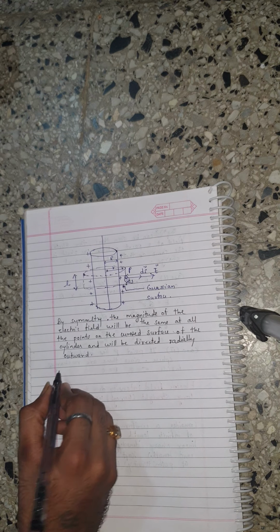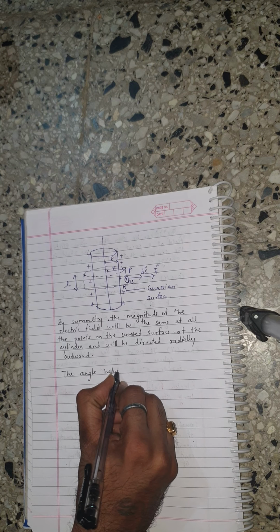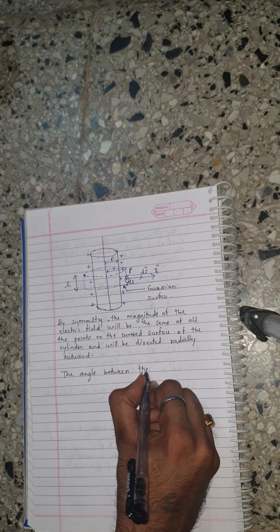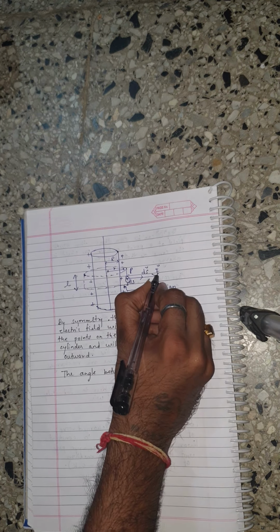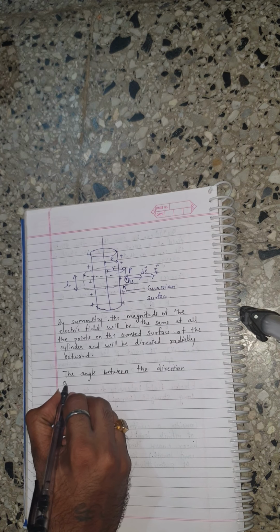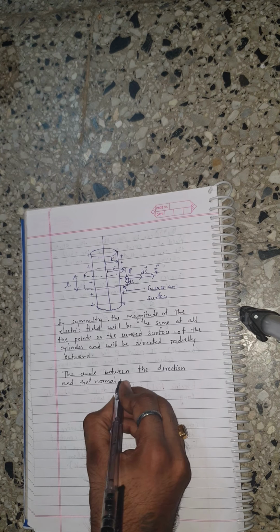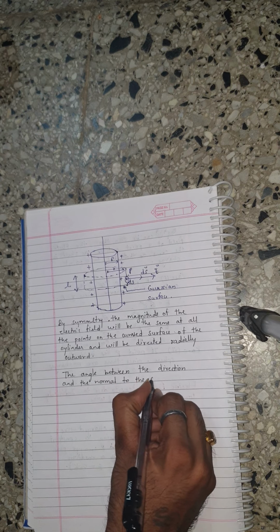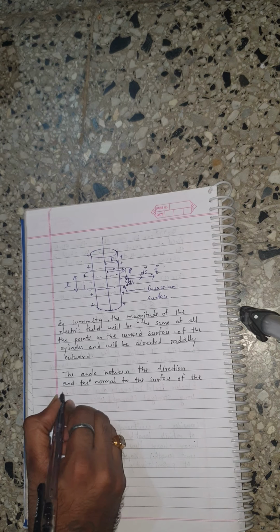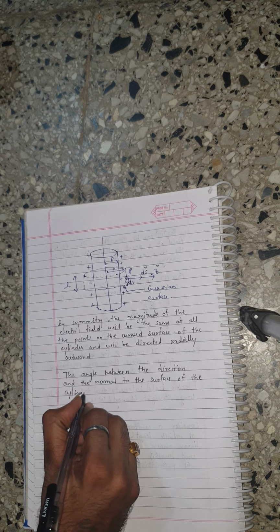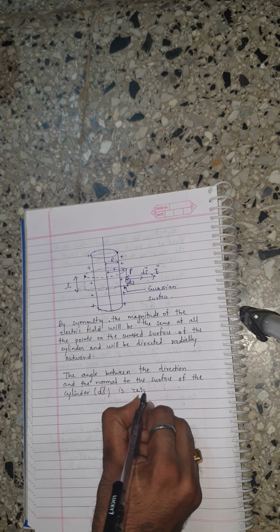Now, therefore, the angle between the direction of electric field E and the normal to the surface of the cylinder ds is 0.